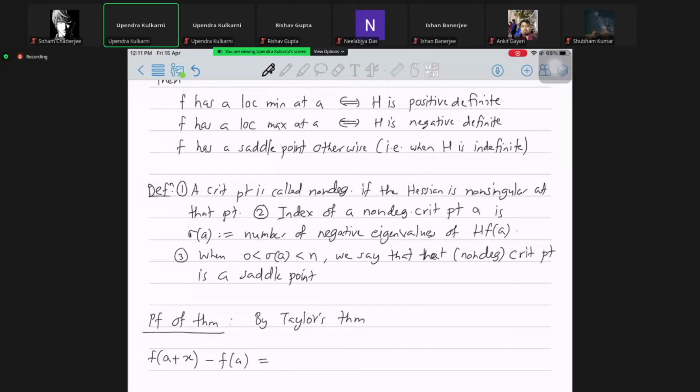What is that equal to? I have simply taken the f of a term to be on the other side. So this is going to be f prime of a times x, but f prime of a is 0. What is the next term?